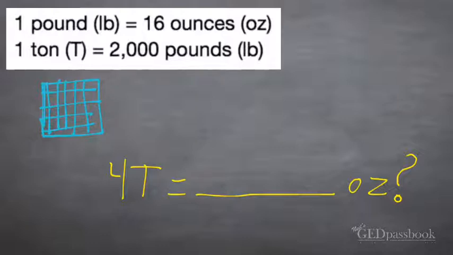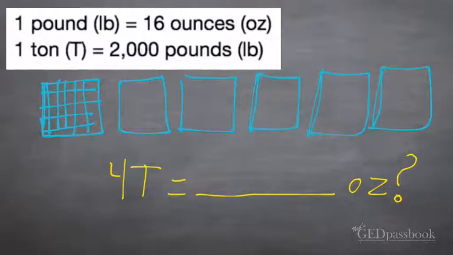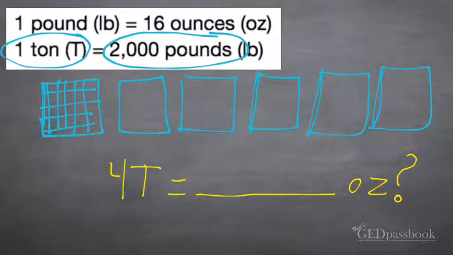What you could do is take a very, very long time and draw pretty much 2,000 boxes, right? And why 2,000? Well, because look here, it says there are 2,000 pounds in 1 ton.